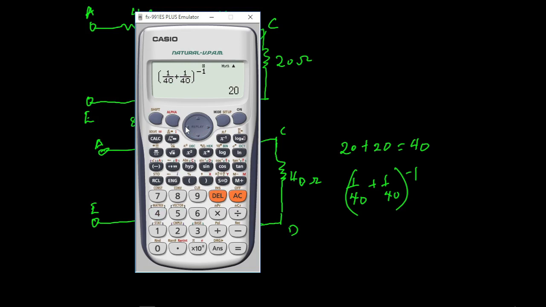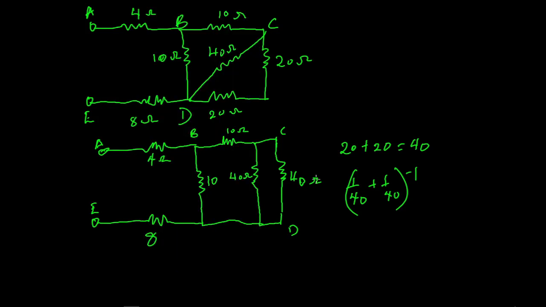So that means this is going to give us 20 ohms. So we replace this with a 20 ohms resistor.